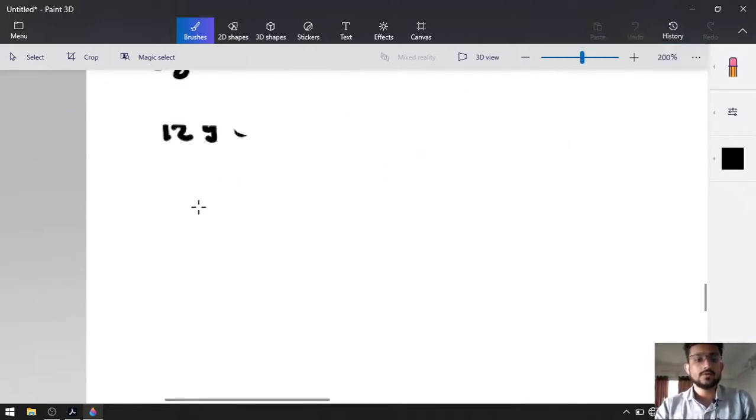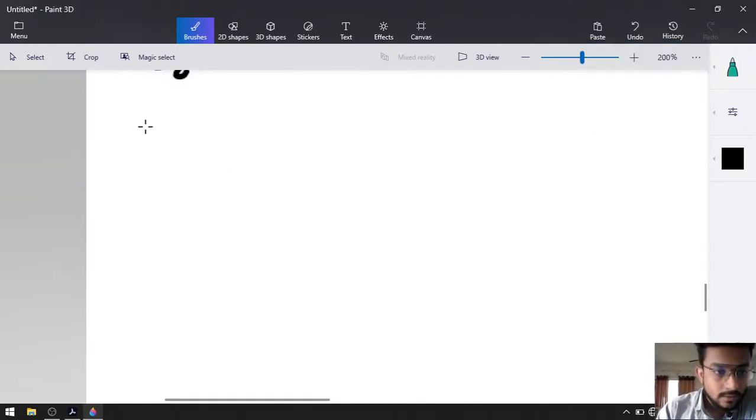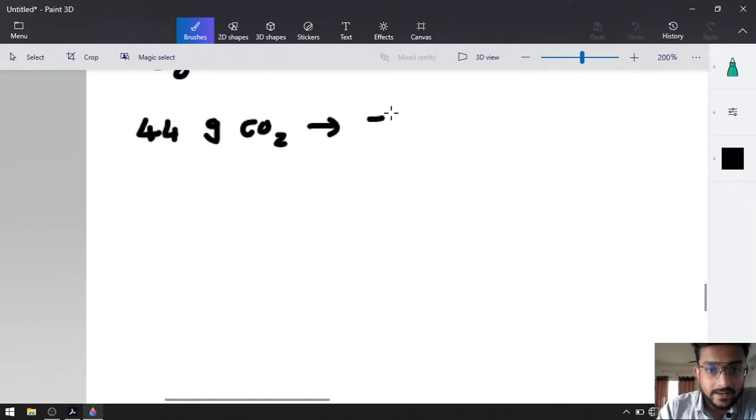Simply, for 44 gram of carbon dioxide I need minus 393.5 kilojoule per mole energy.